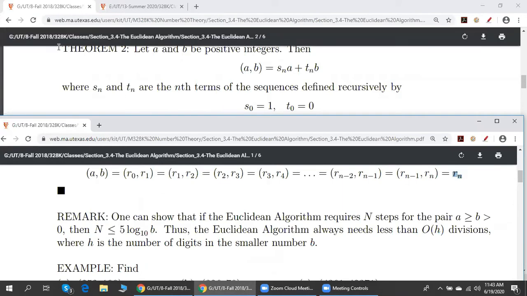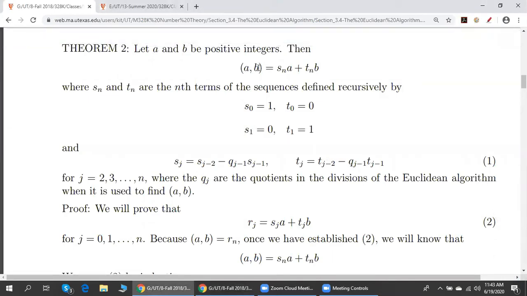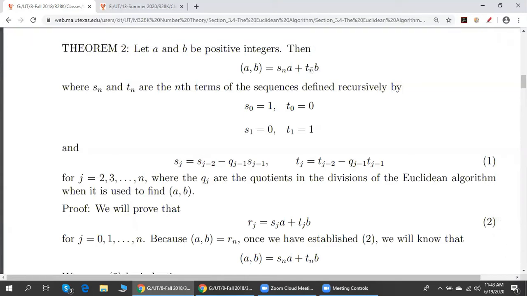So, in Theorem 2, if we replace the greatest common divisor of A and B by Rn, we'll get the following. Rn is equal to Sn a plus Tn b. Note that this immediately follows from here if j is equal to n.